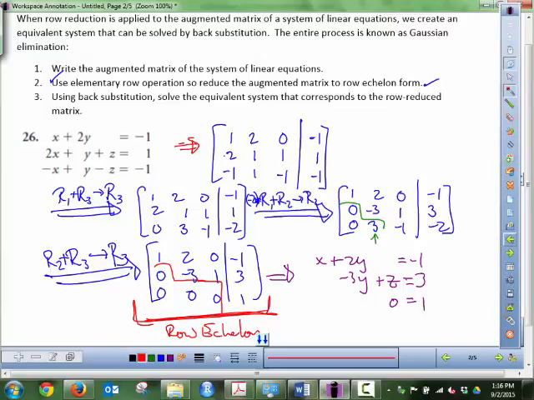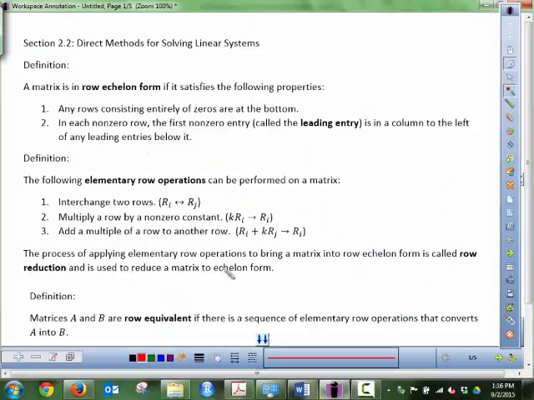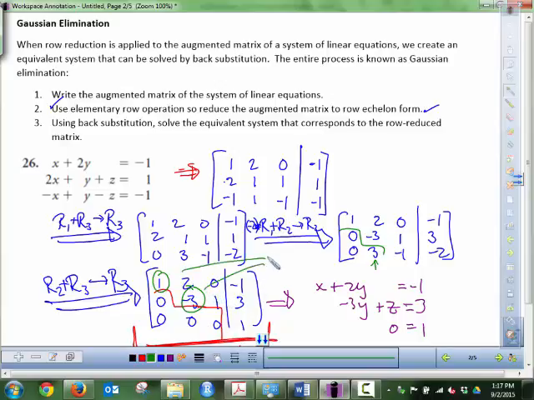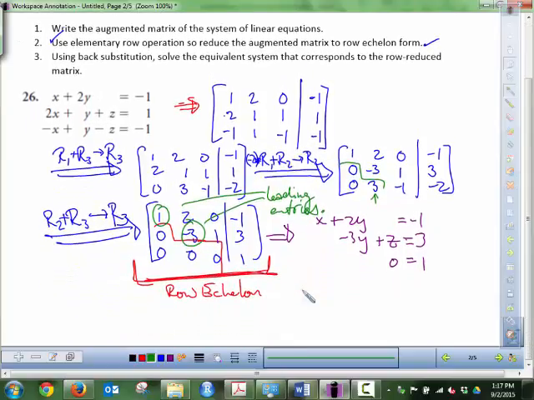What else? Elementary row operations, row reduction, row equivalent, row echelon, leading entries. So if we take a look at this, green, these are the leading entries for your matrix. Okay? All right, now let's deal with the problem.